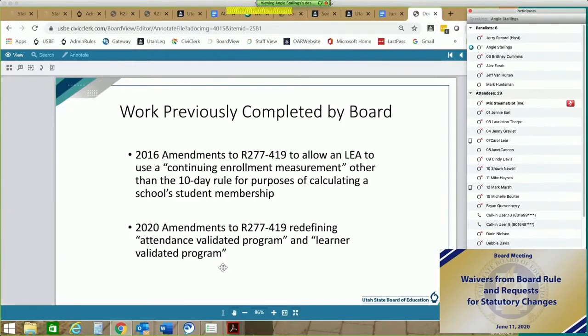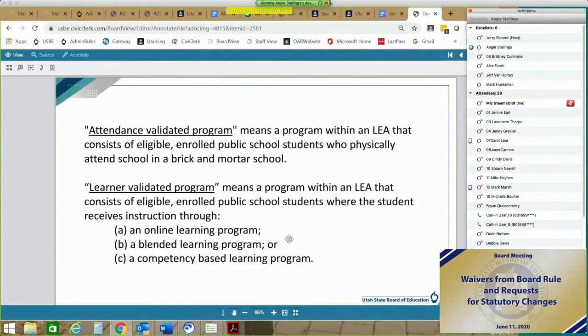And then just recently, you'll remember that the board amended R277-419 to redefine some key definitions in that rule, and the definitions are attendance validated program and learner validated program, which really goes to show that we're starting to have a shift.